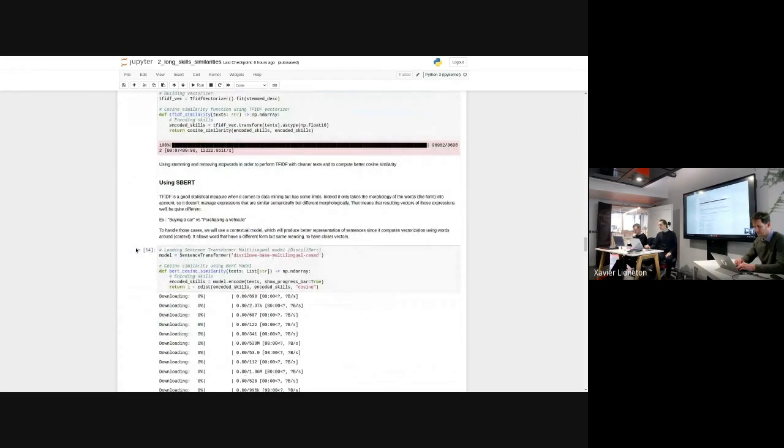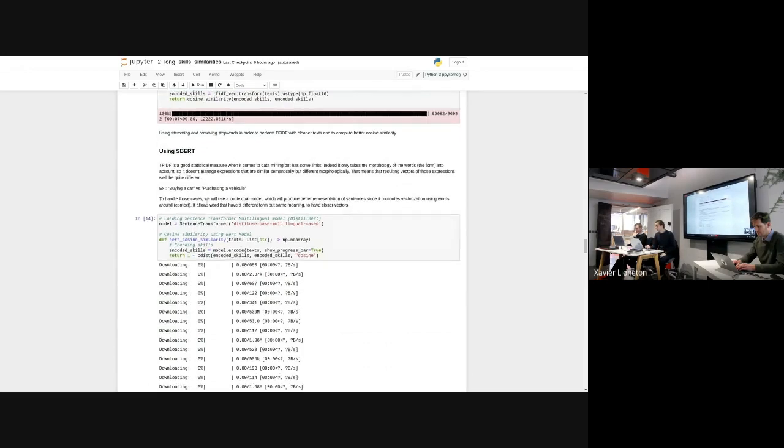Then, to compute the similarity between the skills, we chose to use SBERT. Basically, it's a big pre-trained neural network that you can download online, and it is trained to understand what sentences mean. These skills are long enough that BERT can extract some meaning from them.